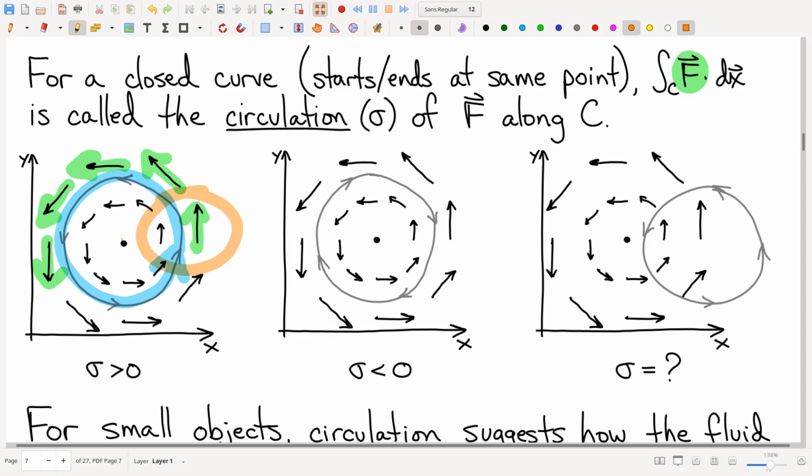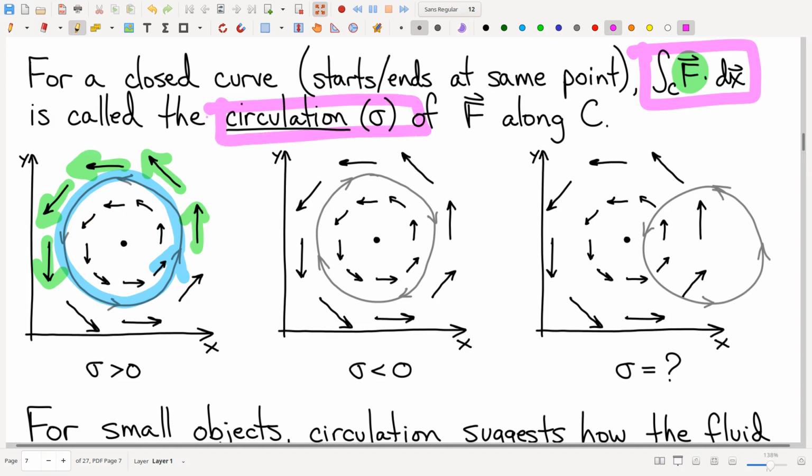So the fluid is flowing very significantly along the curve, along in here. And then likewise, over here, same deal. Fluid's flowing very much along the curve. Same here, and so on, all the way around this curve. And so grand total, what I would expect of this line integral, aka this circulation in this case, I would expect that circulation to be positive because I'm getting positive contributions each little way along the curve. Does that make sense?